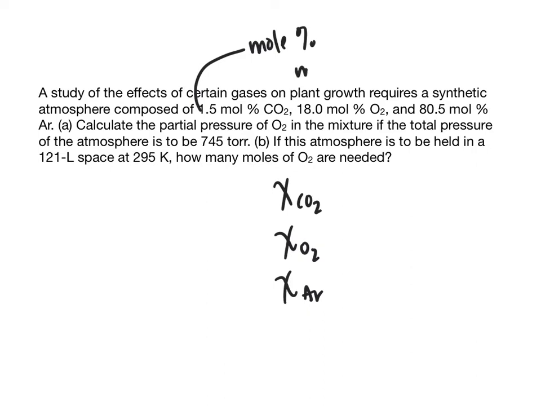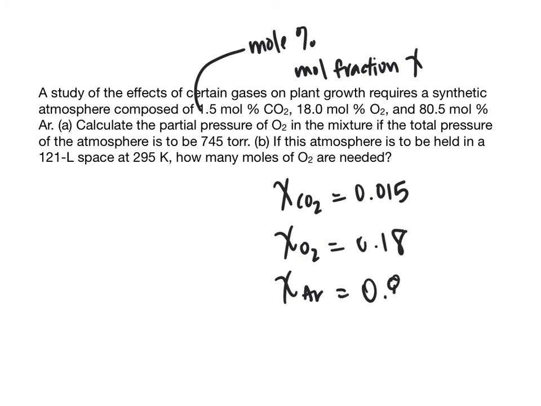So the mole fraction, which is chi, is basically the mole percent divided by 100. So for CO2, it is 0.015. For O2, it's 0.18. For argon, it is 0.805. Basically, we've converted the values of mole percents to mole fractions by dividing by 100.